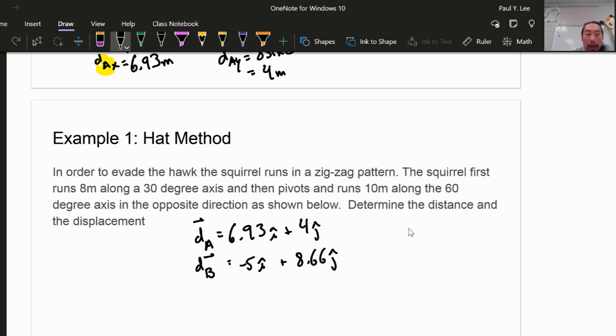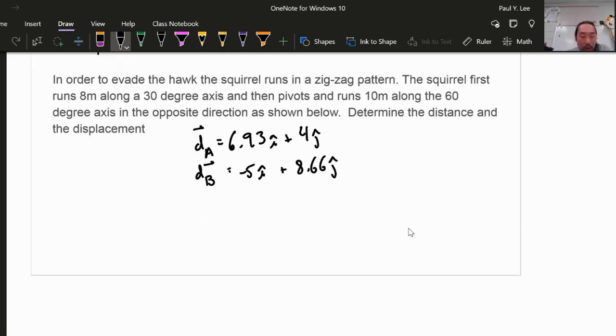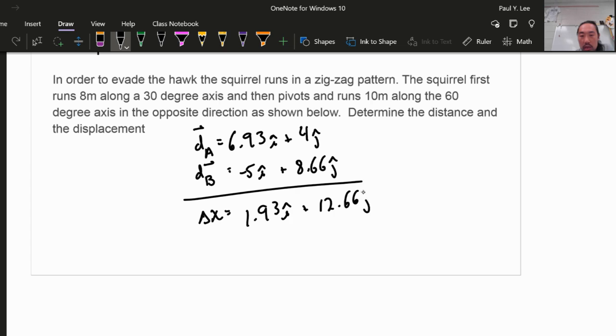All right, so now that we have our vectors, this method doesn't require us to get the triangle and redraw it and all that, because we just have those numbers, and all those numbers came from the previous work that we did. We add them up and we see that the displacement would be 6.93 i hat minus 5 i hat, so 1.93 i hat, which gives us the displacement's x component, plus 12.66 j hat.